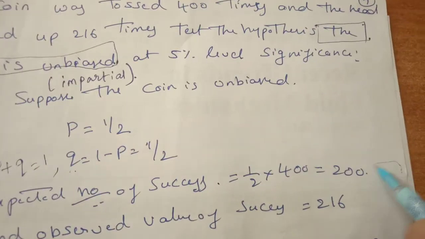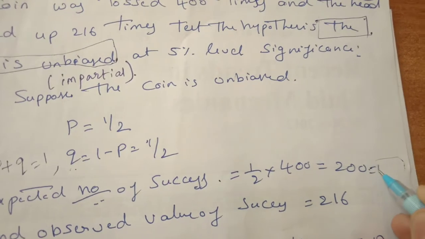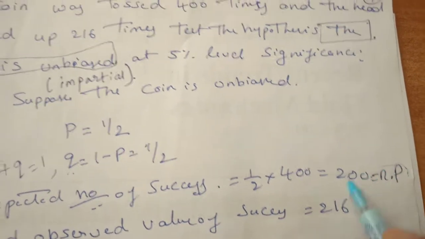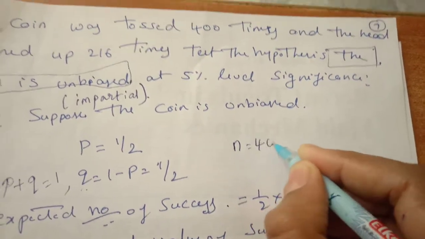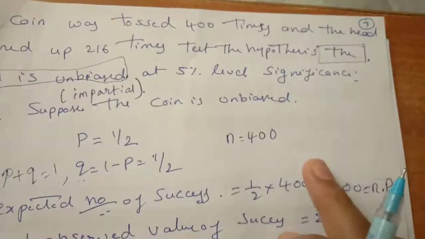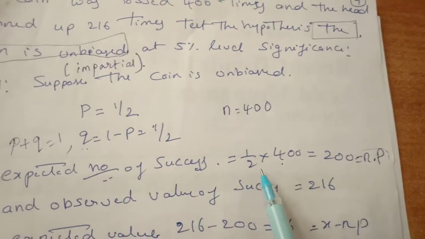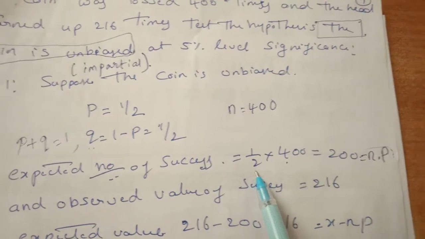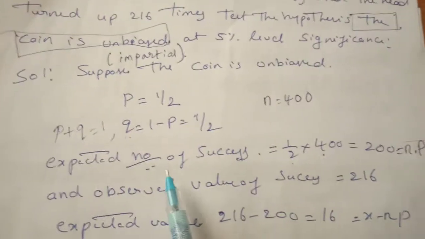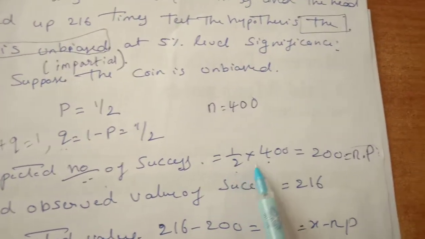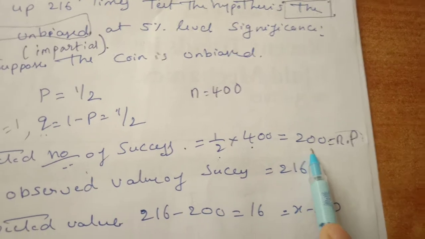Now what is the expected number of success? Expected number of success we find by n into p. N is the number of times, that is 400. 400 times the coin is tossed, that is 400 into 1/2, where 1/2 is the probability of getting head. This is the expected number of success. 1/2 into 400 is 200.